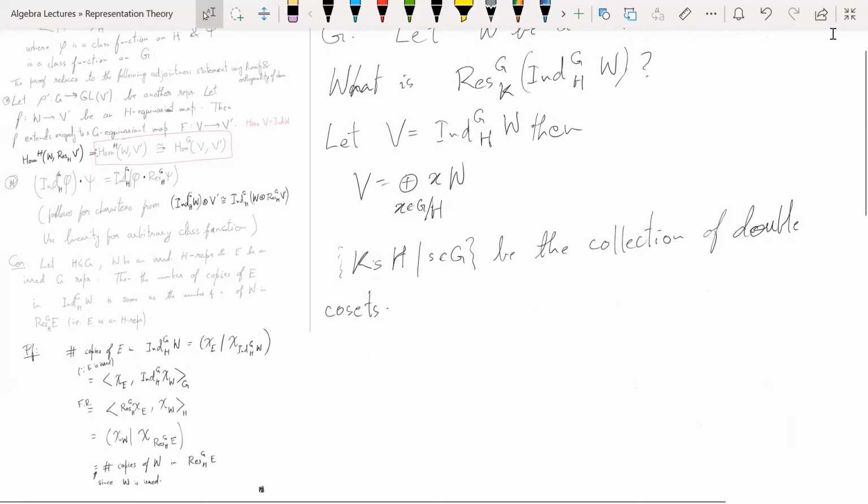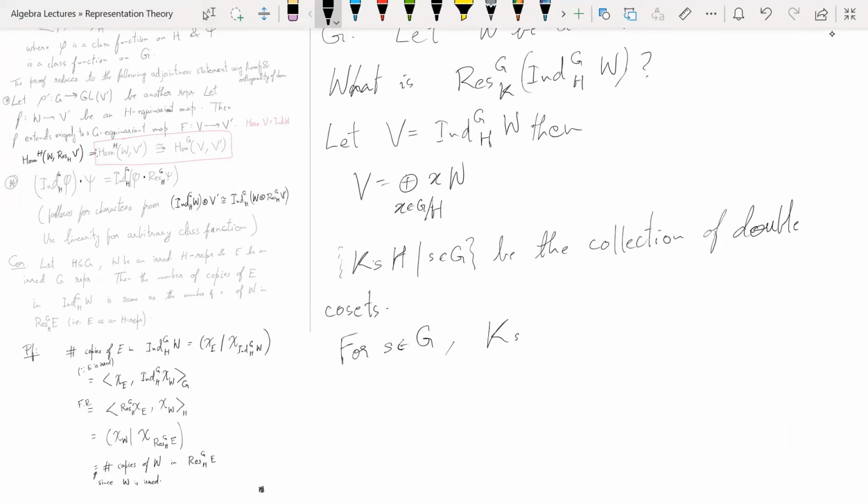So what is a double coset? You consider, for s in G, KsH.